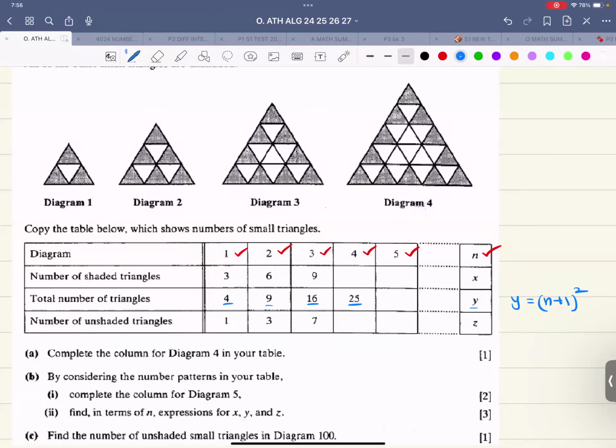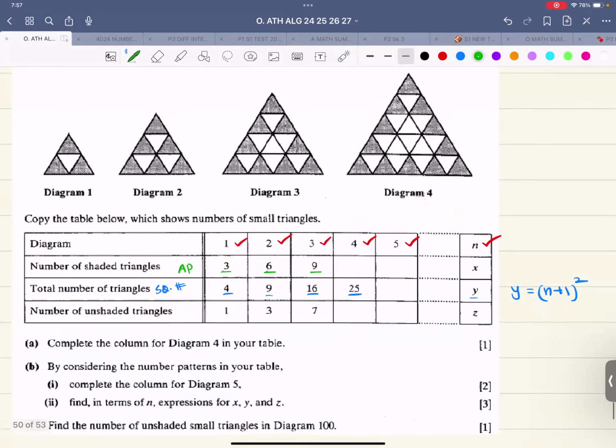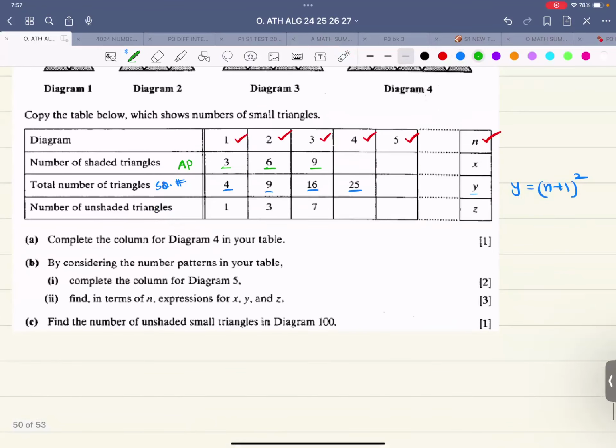Now, if I talk about the number of shaded triangles, this is 3, 6, 9. This is an AP. The total number was a square number thing. So for the AP 3, 6, 9 and so on, let me write over here, Tn is a plus n minus 1 into d.